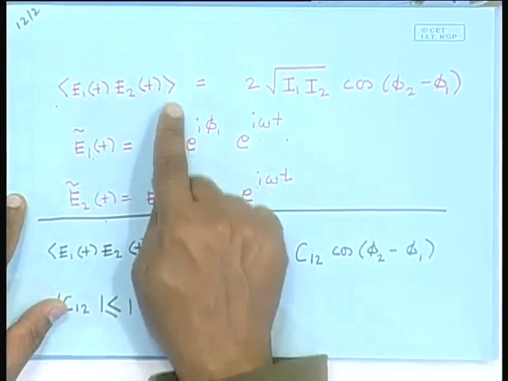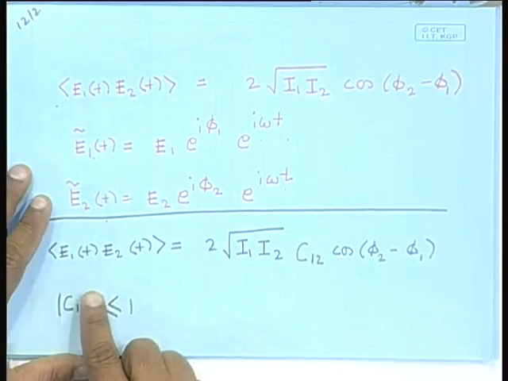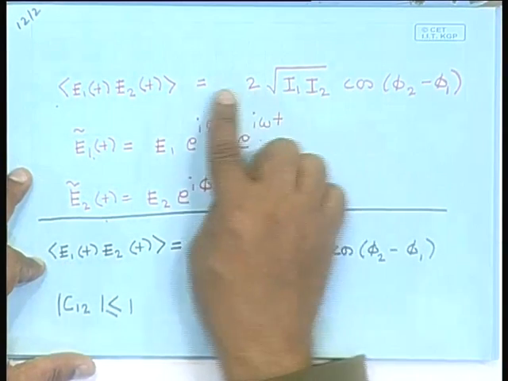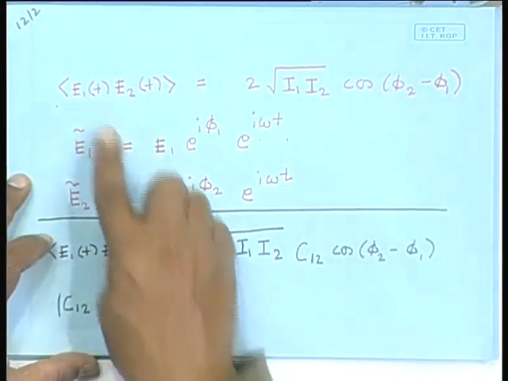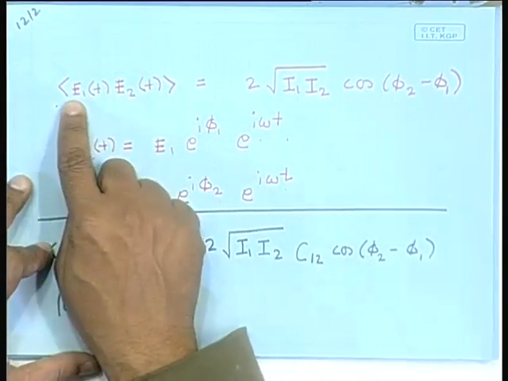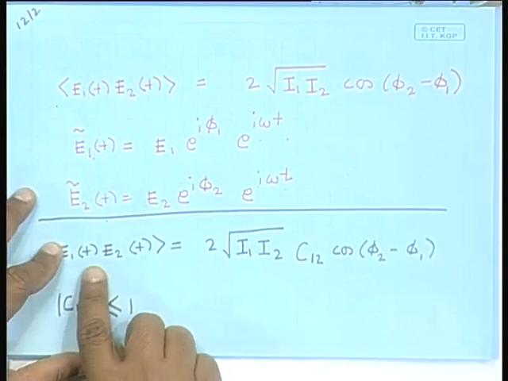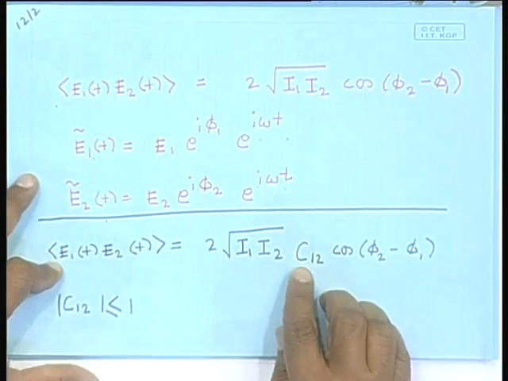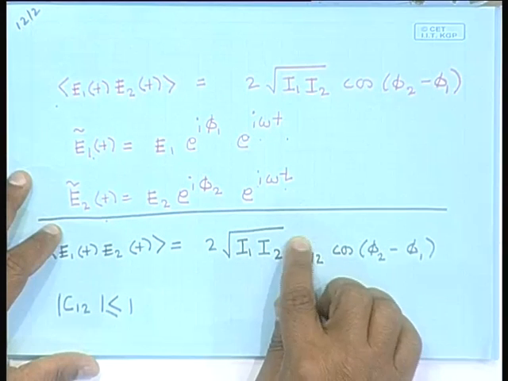So, this time average is no longer going to be equal to this, it will be different, and it will be less than this, and the difference between the monochromatic situation, where I have only a single frequency, we quantified through this factor C12, which quantifies the degree of coherence.